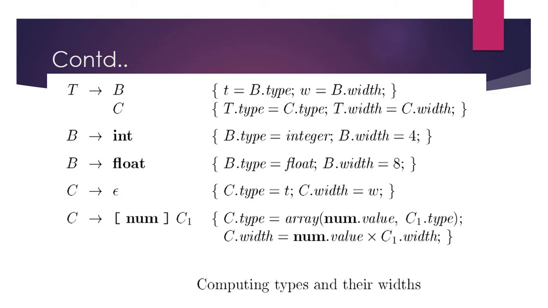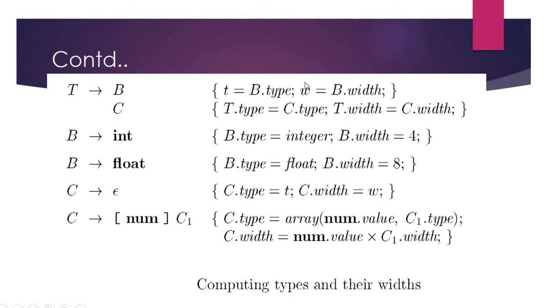C refers to a collection of items. C produces epsilon, or C produces the array data type. For that we use the array notation, and within it the size is specified. If we want multiple dimensions, C produces the array dimension, and it keeps repeating, so we can generate any number of dimensions.